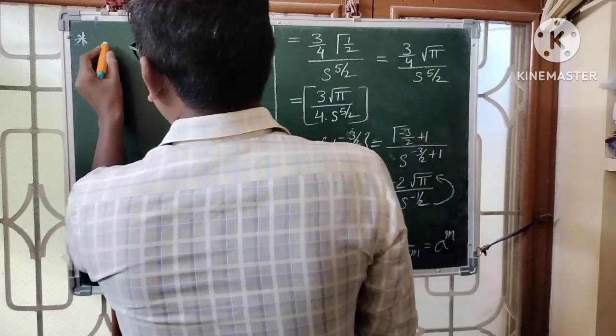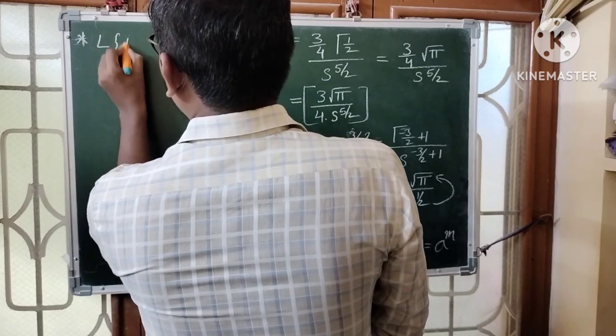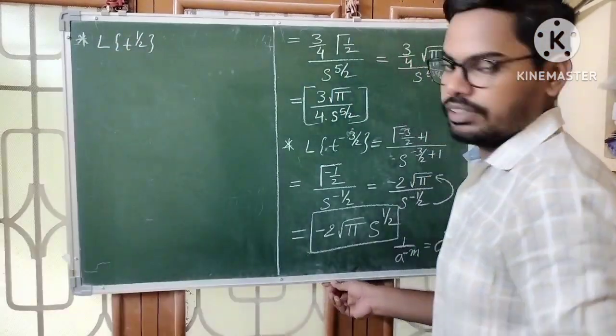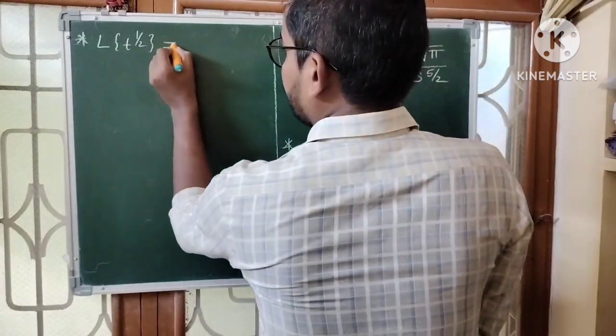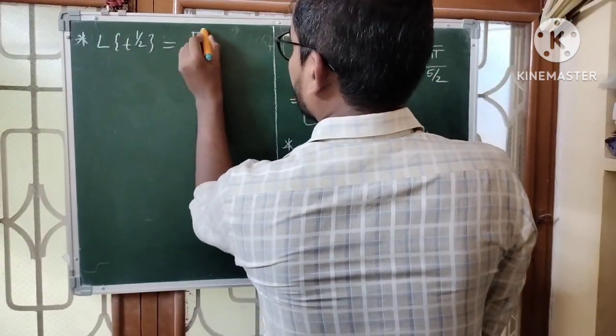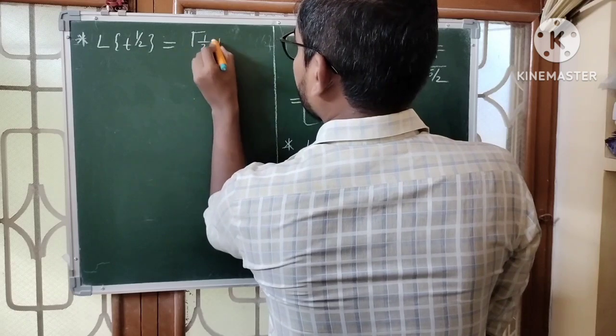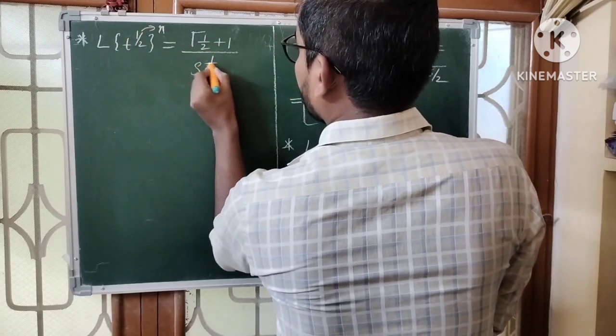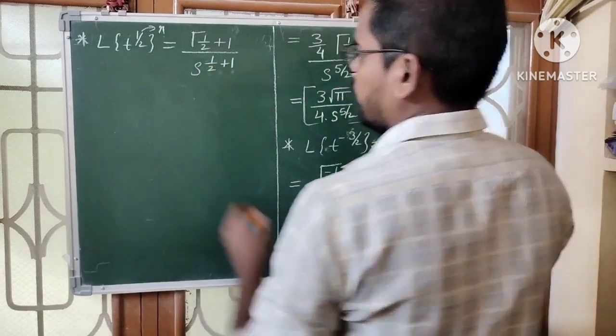So next, the third one, Laplace transform of t power 1 by 2. Later we can consider the 3. Anyhow, what is the formula? Gamma n plus 1, here n is equal to 1 by 2, by s power 1 by 2 plus 1.